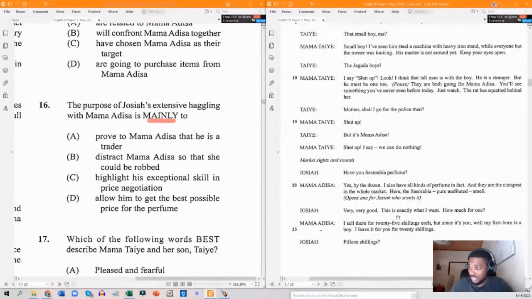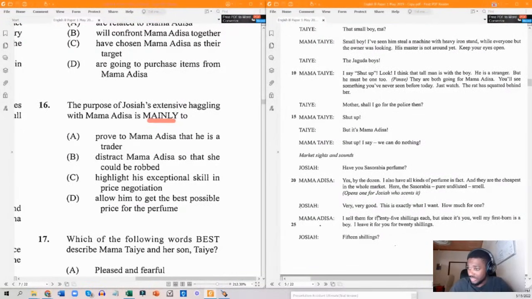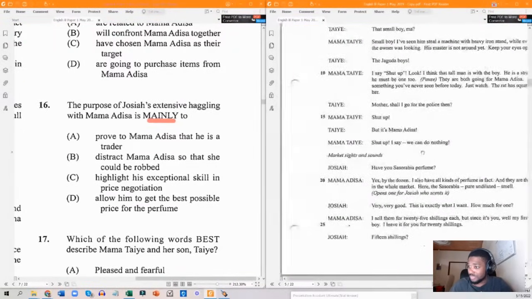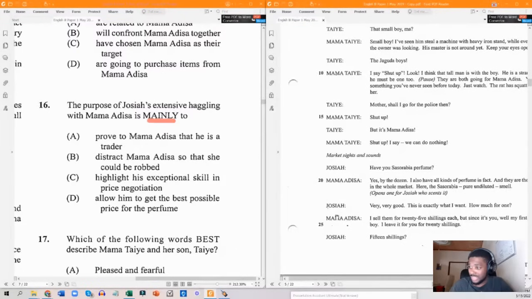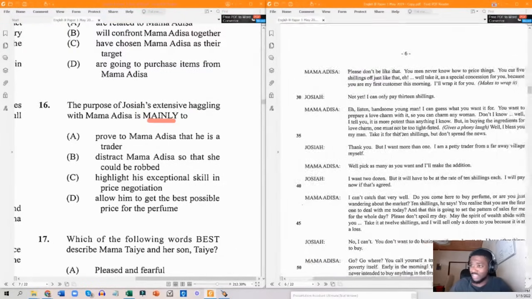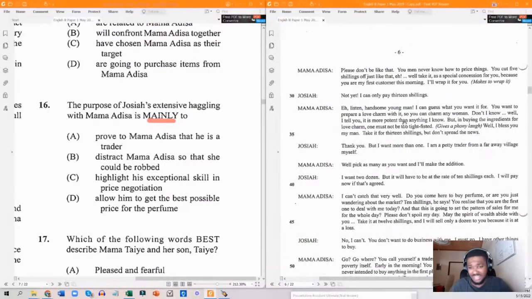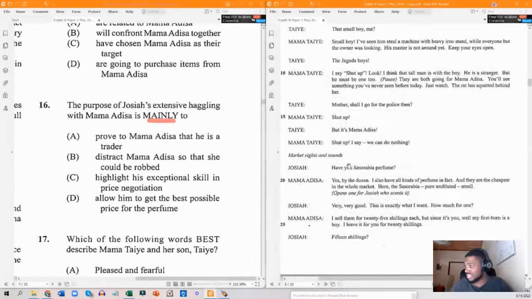We see from about line 20 or earlier, to line 25, that he's trying to strike some kind of deal and get the perfumes for a lower cost. But what is the real intention behind the haggling? I'm seeing a mix of C's and B's from you guys.